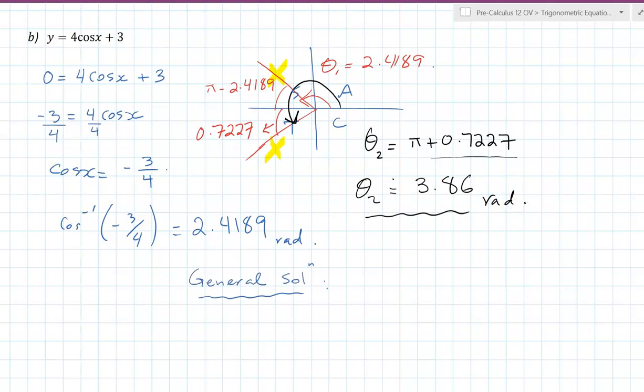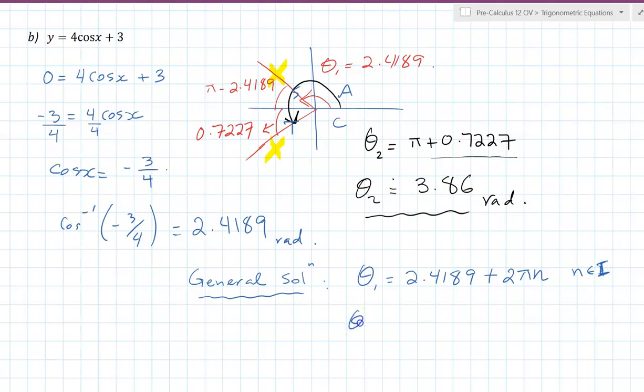All right, so now we have to come up with the general solution. We have theta 1, we're going to start with theta 1, and that was 2.4189. And then we have to remember, because it's periodic and the period of this function is 2 pi, so we say 2 pi times n, and again n belongs to the I, that funky I for the integers number system.